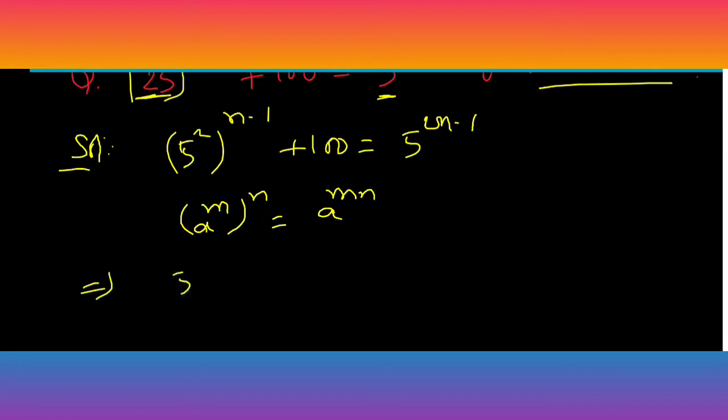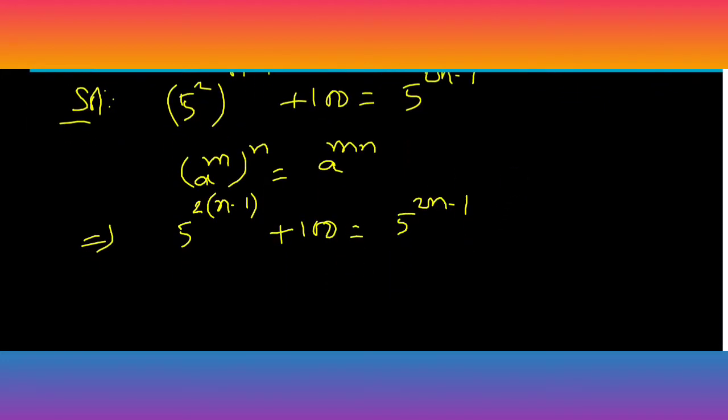5 to the power of, so this becomes 5, a to the power of m whole power n means a to the power of m into n. So this becomes a to the power of m into n minus 1. Okay, plus 100 is equal to 5 to the power of 2n minus 1.